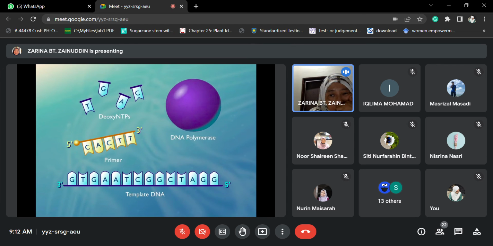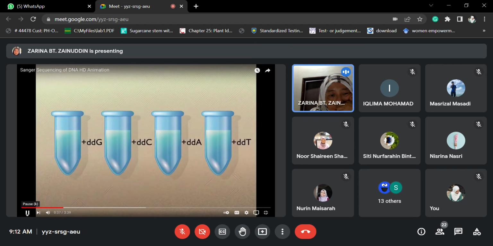Equal amounts of this reaction mixture are placed in each of 4 tubes. So that means you have 4 tubes, and all of them contain all of these components. You label the tubes A, G, C, and T. Different dideoxyribonucleotide is added to each tube.